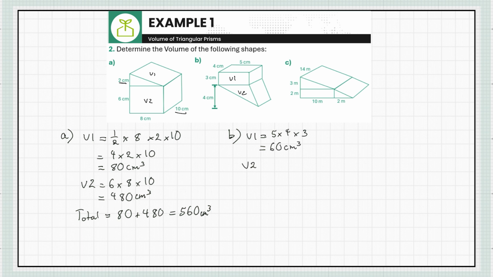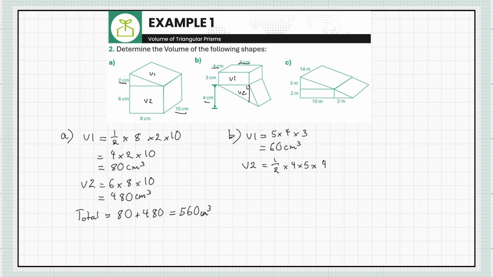And volume 2 is going to be equal to, well, we have to identify things. In this particular situation, our perpendicular height is going to be equal to 4, and our base length is just going to be equal to 5. So volume 2 is going to be 1/2 multiplied by 4 multiplied by 5 multiplied by the depth, and the depth is going to be 4.